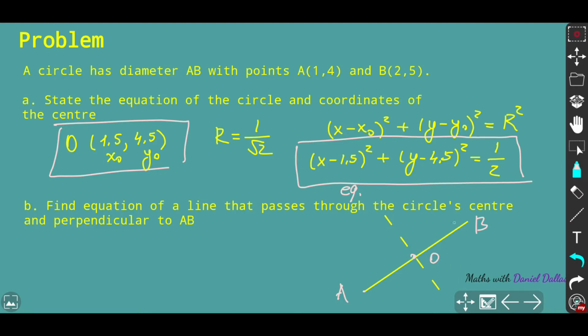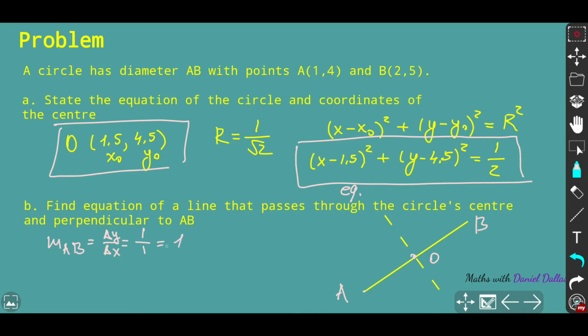What we're going to do right now is set up first the gradient of AB. The gradient of AB is, by definition, change in y over change in x, and we just plug in the coordinates of points A and B respectively. So 5 and 4, the difference is 1, so it's going to be 1 over 1, and it's 1.